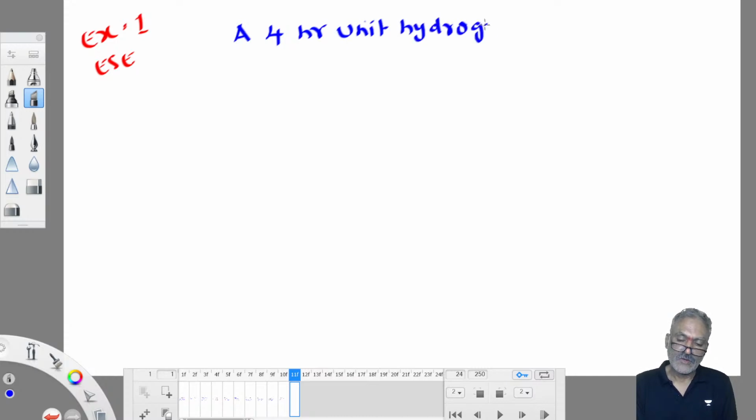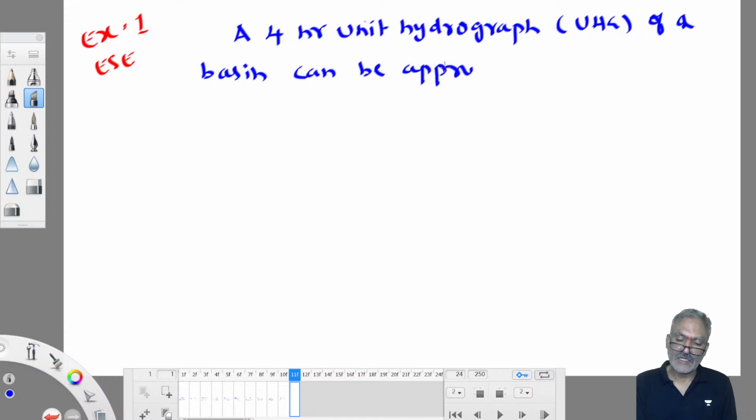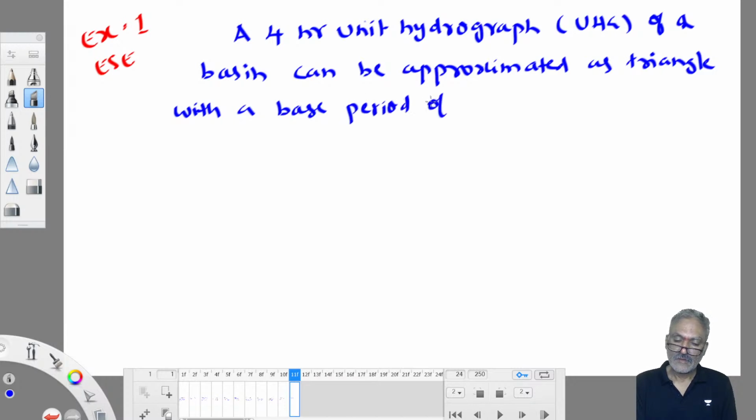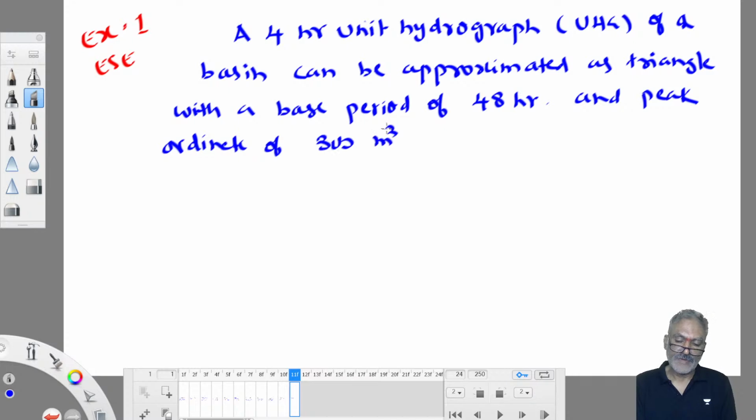A 4-hour UHG of a basin, basin means catchment, can be approximated as a triangle with a base period of 40 hours and a peak coordinate of 300 meter cube per second. What is the area of the catchment?